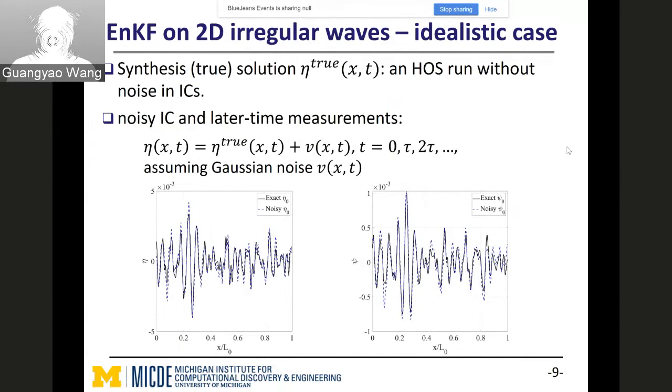Then we generate the noisy initial condition and the later measurements by adding a Gaussian noise to the true solution. The two figures below show a comparison of the exact initial condition and the noisy initial condition.